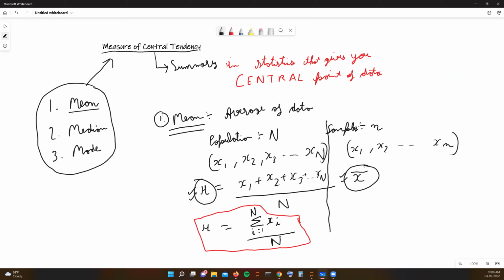Mu for population mean, x bar for sample mean, and the formula will remain the same: x1, x2 till xn divided by small n. So your x bar equals the summation of xi, i from 1 to small n, divided by n. This is the mean of a particular data.